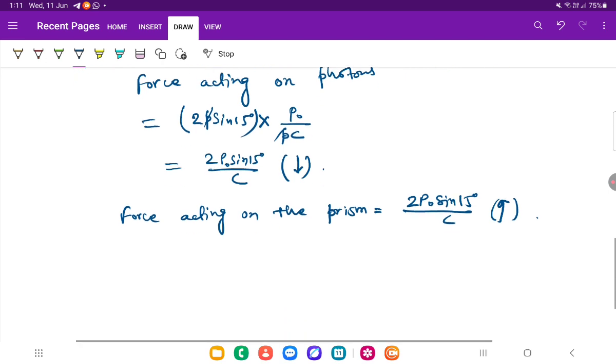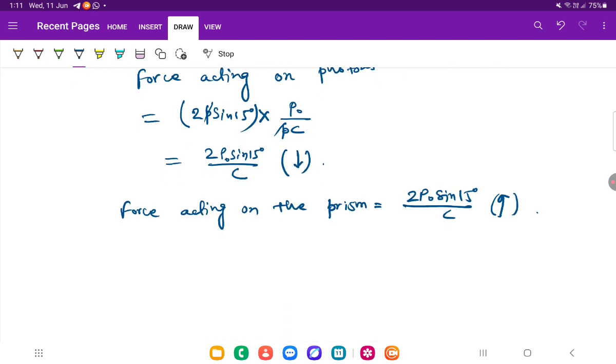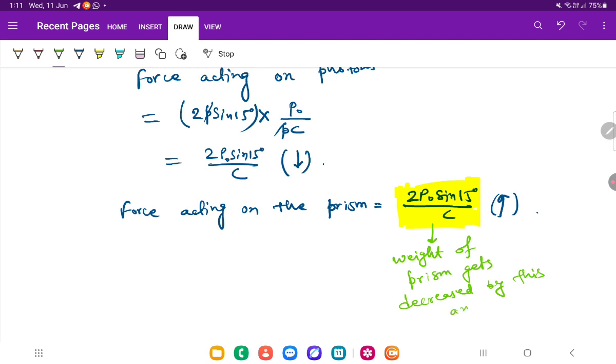So that is against gravity, as you can clearly see it is in the upward direction. So we'll just say that the weight of the prism gets decreased by this amount, right? So I'm just writing here, weight of prism gets decreased by this amount.